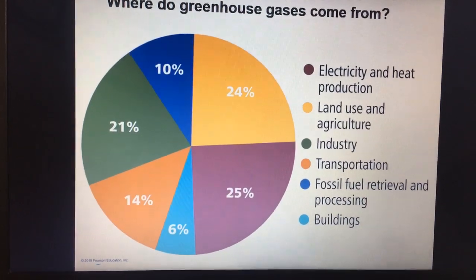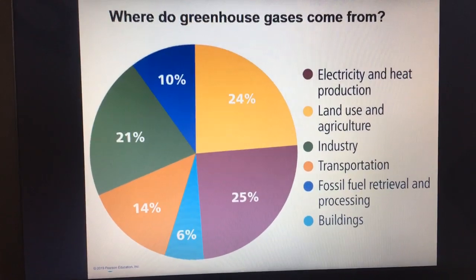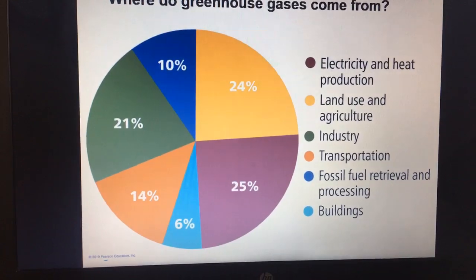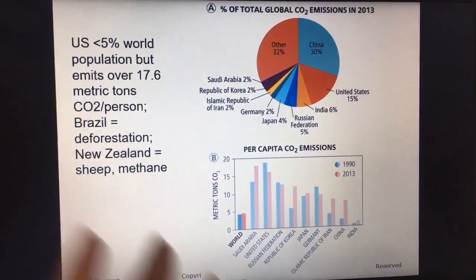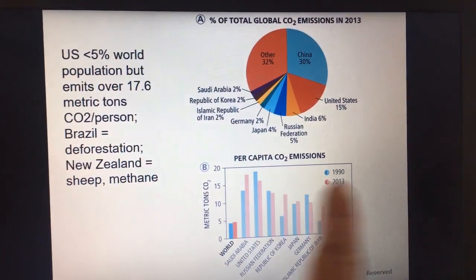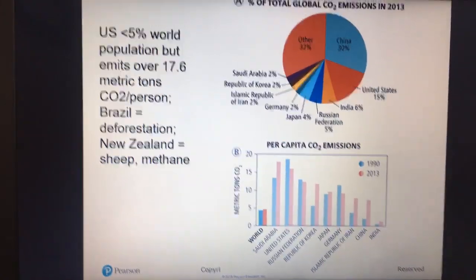That's still important, but this is what you want to focus on, that you understand where greenhouse gases come from, that you understand that not everybody in the world has the same per capita CO2 emission. So I wanted to make sure I focused on a couple of those things in a little more detail.